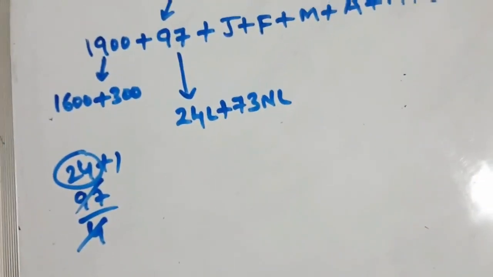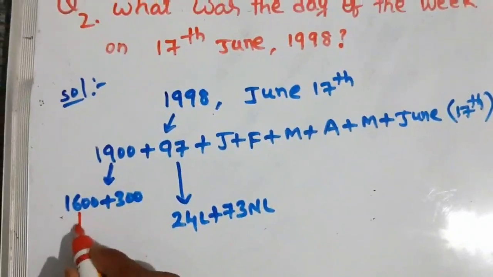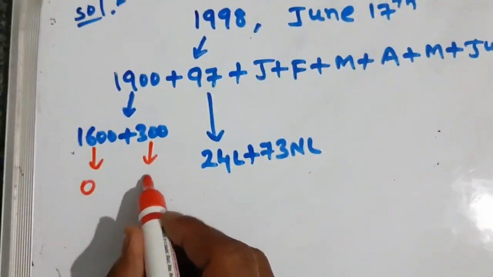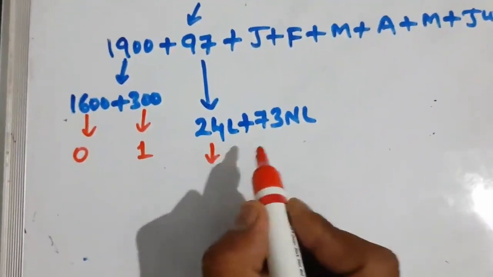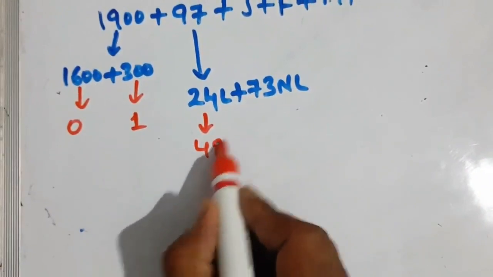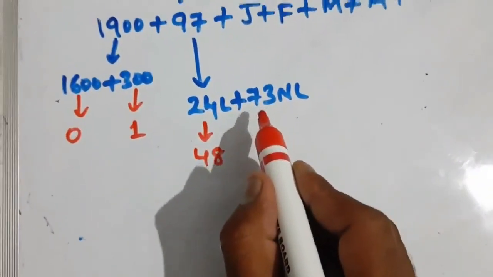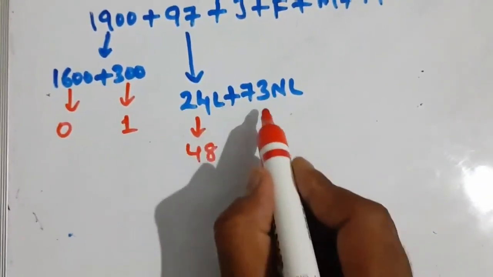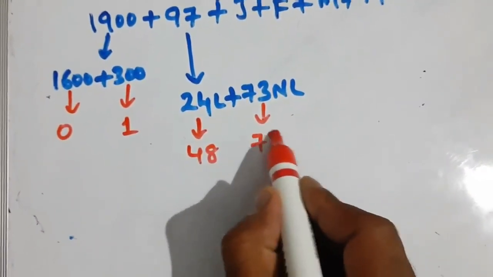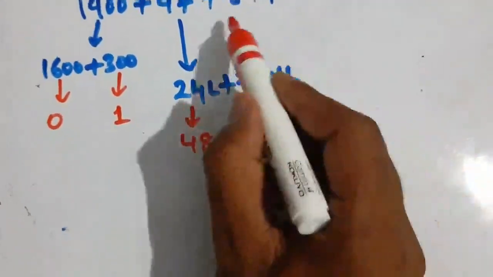Now I am going to calculate odd days. For 1600 years there will be 0 odd days. For 300 years we already found 1 odd day. 24 leap years, each having 2 odd days, means 48 odd days, and 73 non-leap years, each having 1 odd day, means 73 odd days.